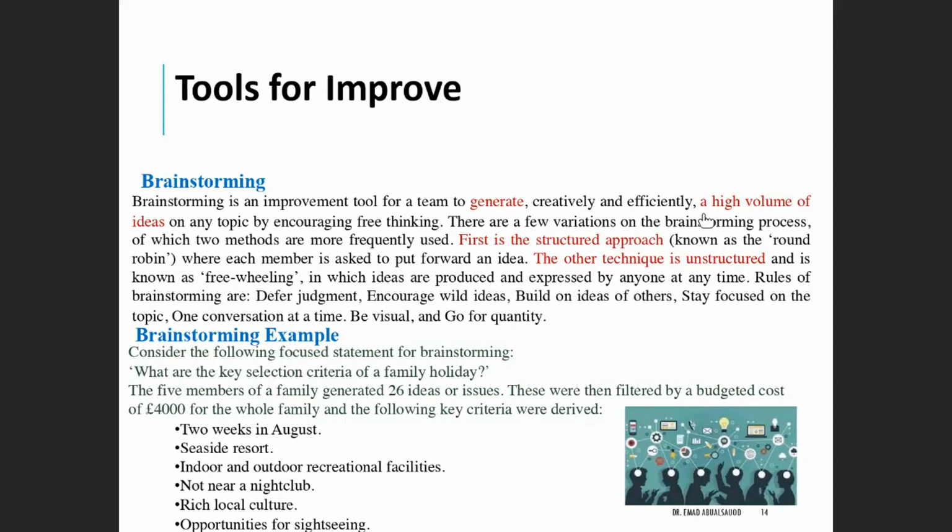A high volume of ideas, so you don't just come with one idea, you come with a high volume of ideas on any topic by encouraging free thinking. There are two approaches for brainstorming, either the structured approach or the unstructured approach. The structured approach, known as round robin, is where you ask each member to give an idea and move forward to the next one.